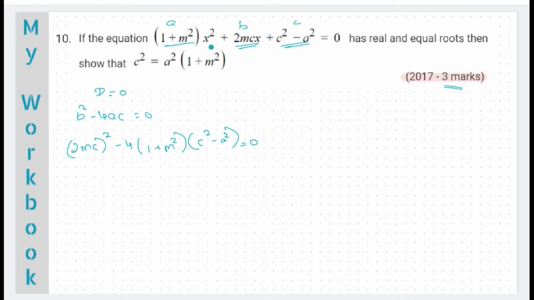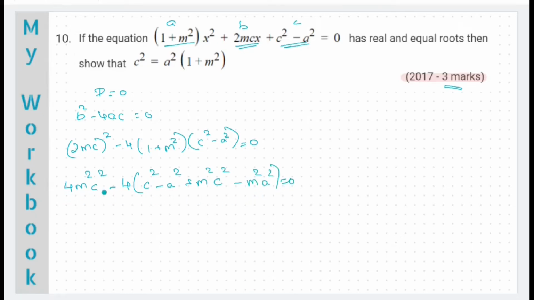So here the equation is already in the standard format, a into x square plus b into x plus constant c equal to 0. So we have just substituted the values in the discriminant formula and equated it to 0. So if we simplify this, I think we will be able to prove this statement. So expand this: 4m square c square minus 4 into (c square minus a square plus m square c square minus m square a square).